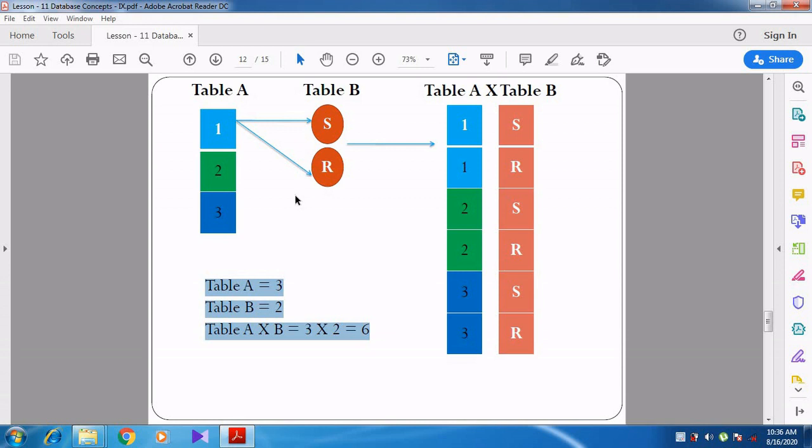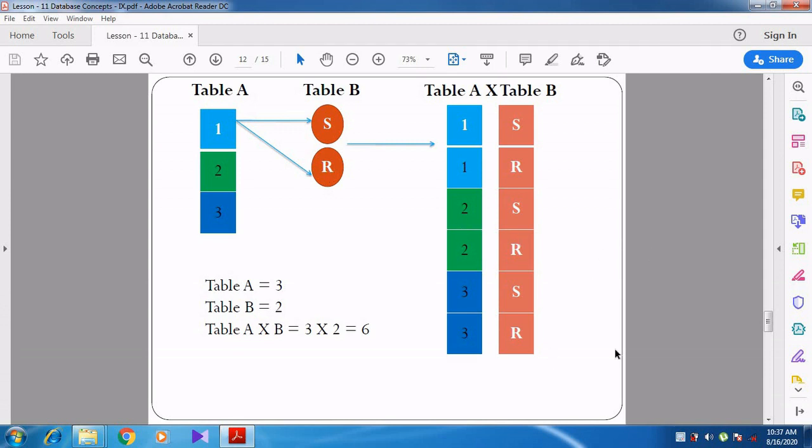How? See here. Table A contains 1, 2, 3. Table B contains S and R. Now what will happen? Table A cross product of table B. So 1S, 1R. That is, the first tuple is multiplied by S as well as by R. Like that 2S, 2R.